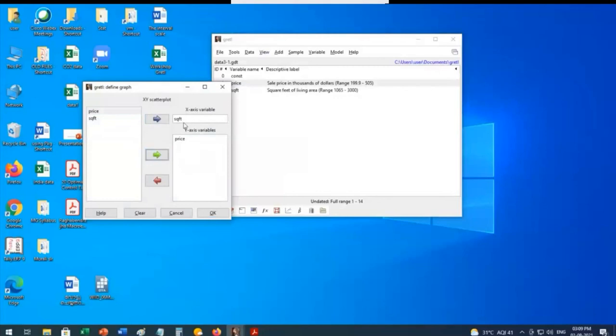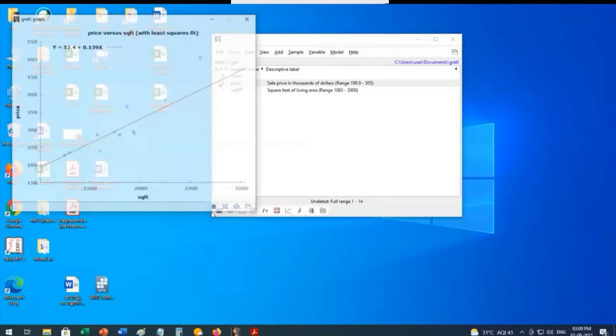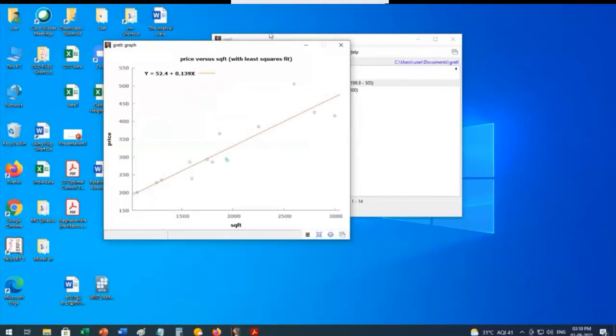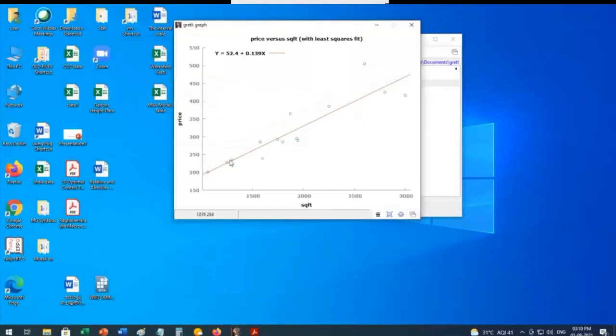Now we click OK, and here we have the scatter diagram along with the regression line. The regression line is given like this: 52.4 plus 0.139x. So this we can copy and paste onto the web.